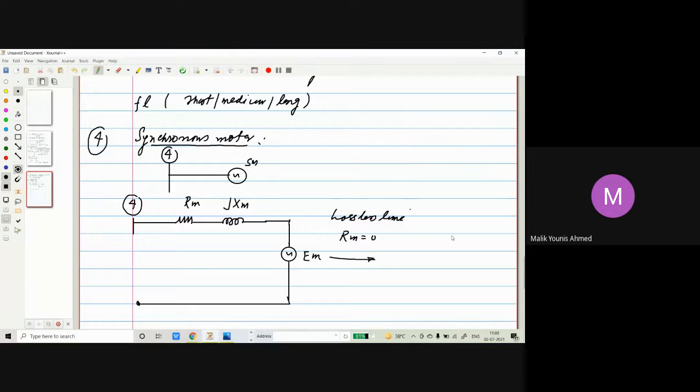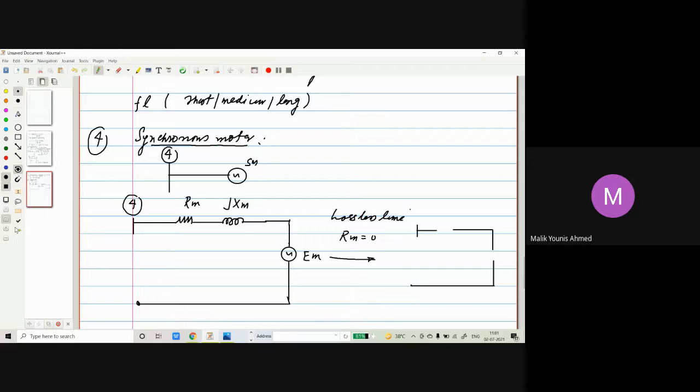Resistance is neglected in that case. So that will be like this. We have bus bar where we have reactance only, and then we will have excitation only in that case.